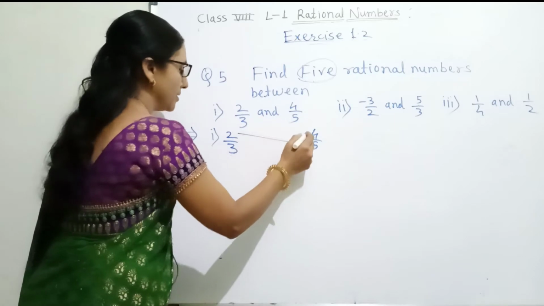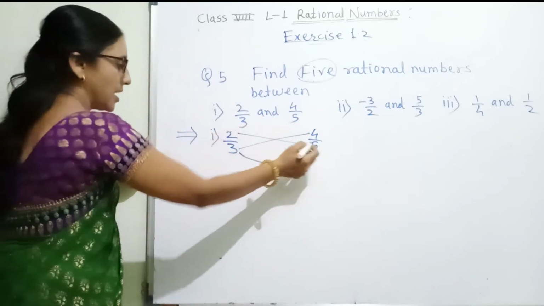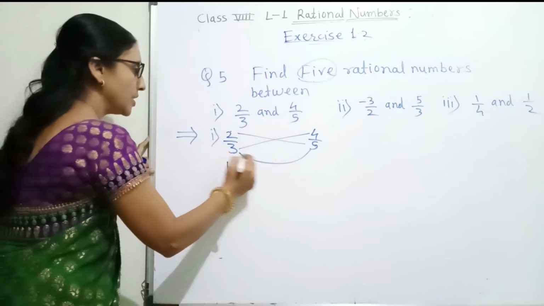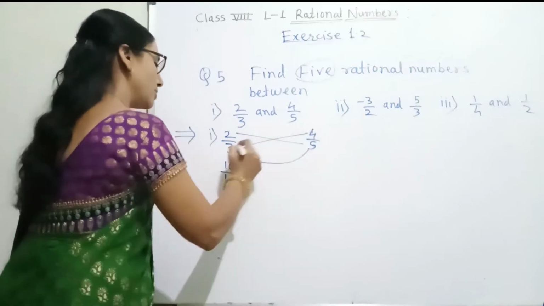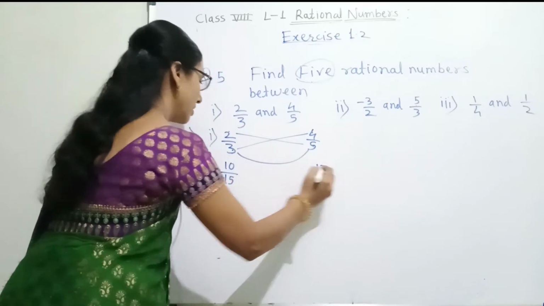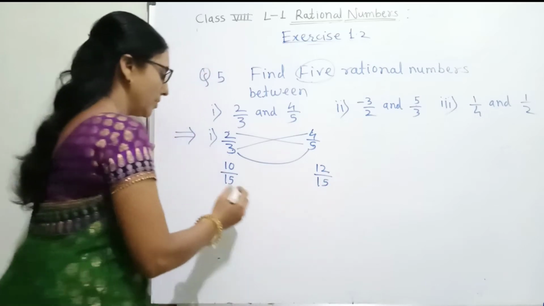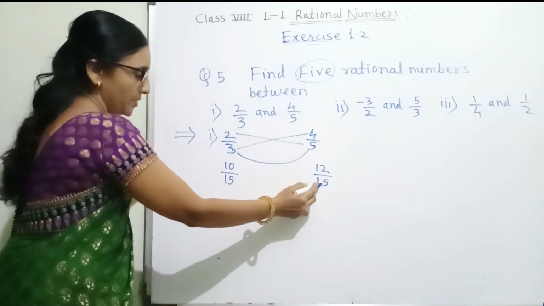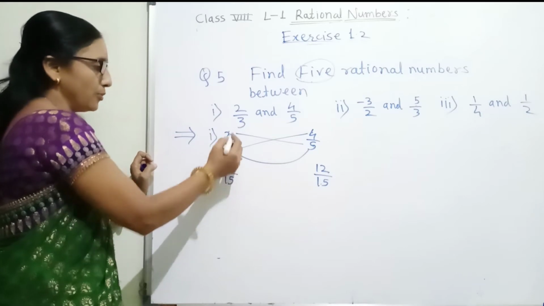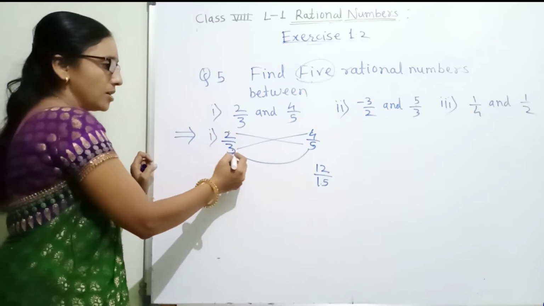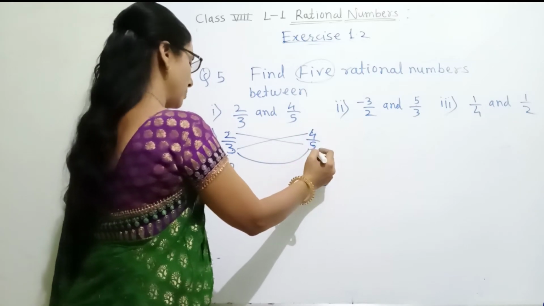Cross multiply. 2 fives are 10, 3 fives are 15, 4 threes are 12, 3 fives are 15. Now denominators are equal. 10 by 15 is equivalent to 2 by 3. 12 by 15 is equivalent to 4 by 5.